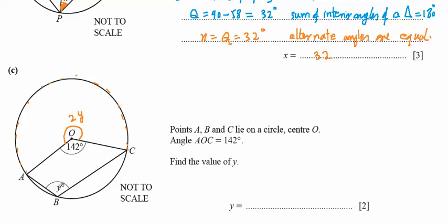So this is the angle subtended by this arc on the circumference. So the angle subtended by the arc at the center is twice the angle subtended by the same arc on the circumference. This is the central angle property in a circle. Okay, so using this reason, if this is y, this is 2y.